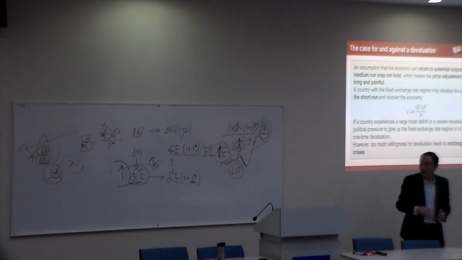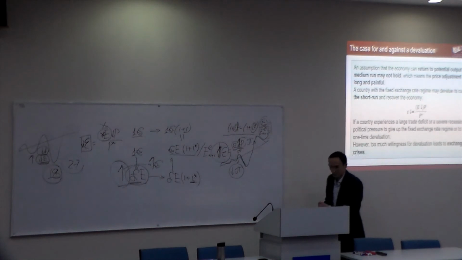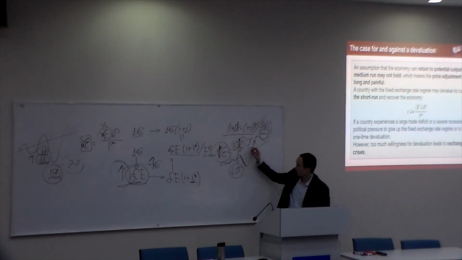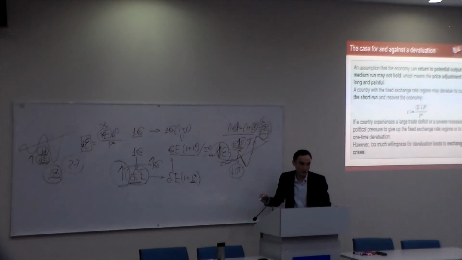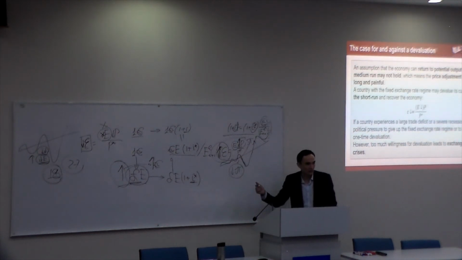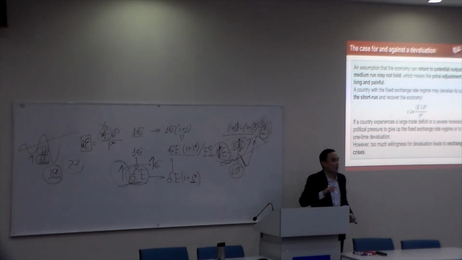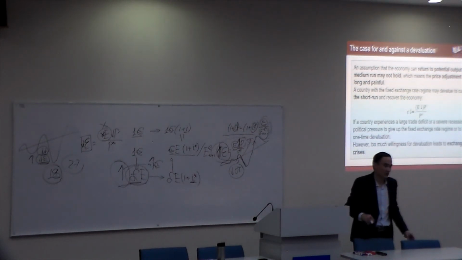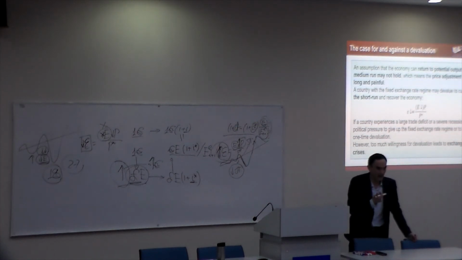They will say, if the central bank or government is not able to control this real exchange rate, now we are experiencing this problem because of the fixed exchange rate. They would say, if you are not able to operate properly, then change the exchange rate regime into flexible. Why?